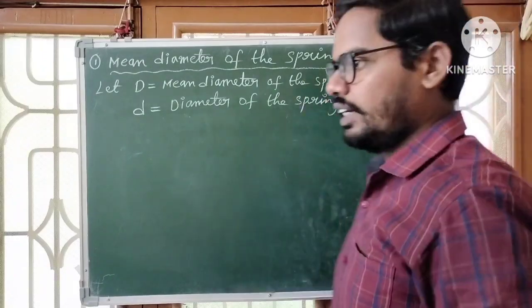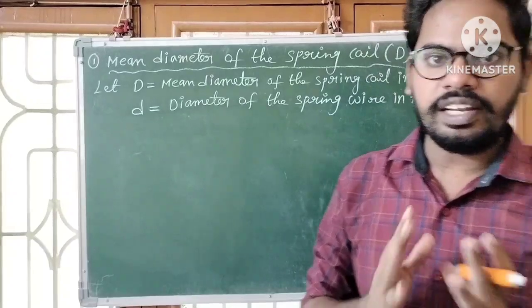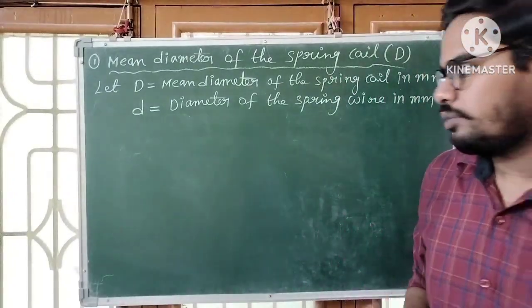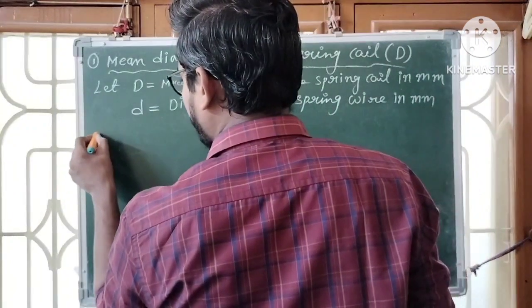So how to find the mean diameter of this spring coil? We use the maximum shear stress induced in the spring wire.